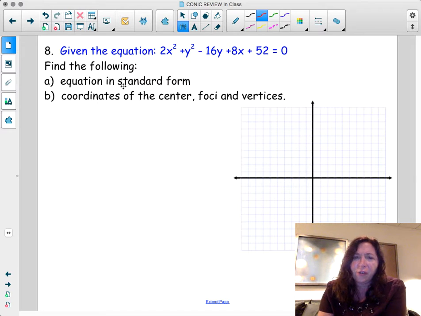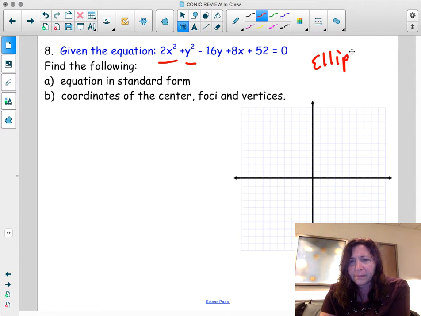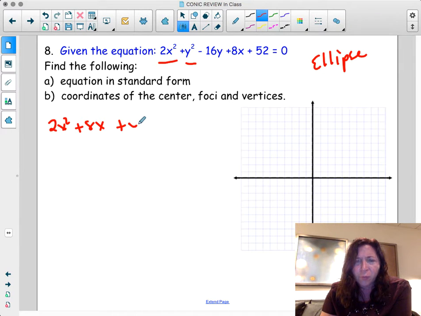To put this in standard form, you would say that it's a plus and a plus, so it's got to be an ellipse. We're going to group our squared terms. So we have 2x squared plus 8x plus y squared minus 16y is equal to -52.